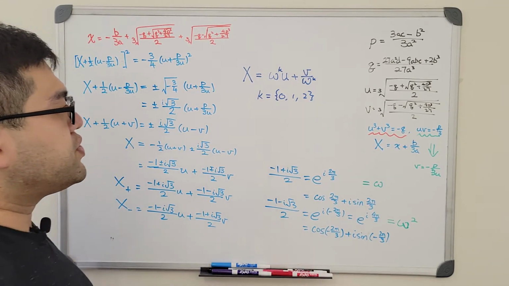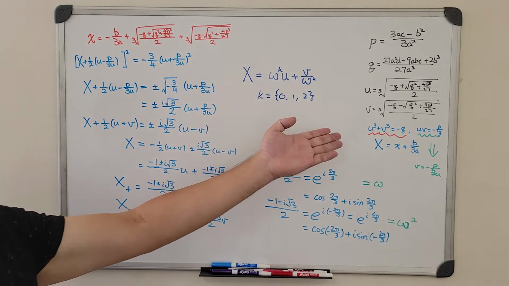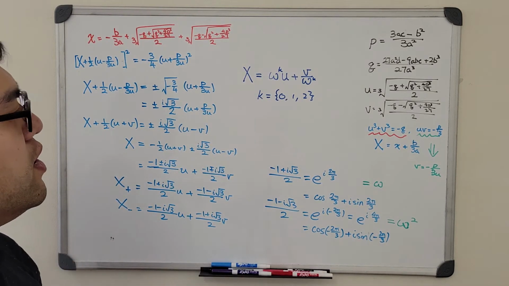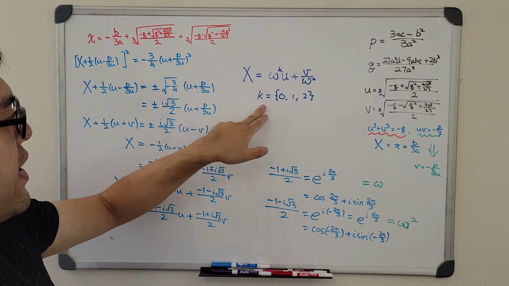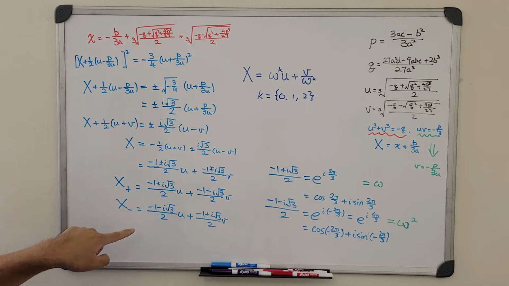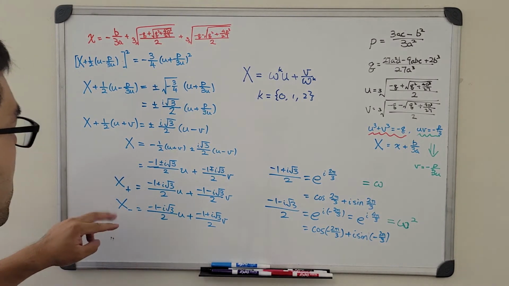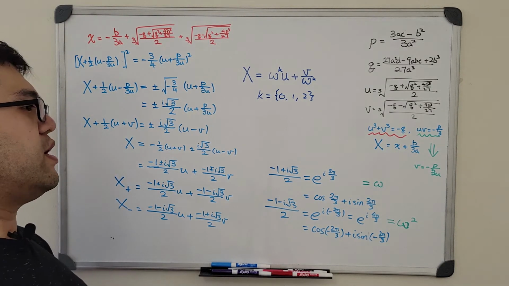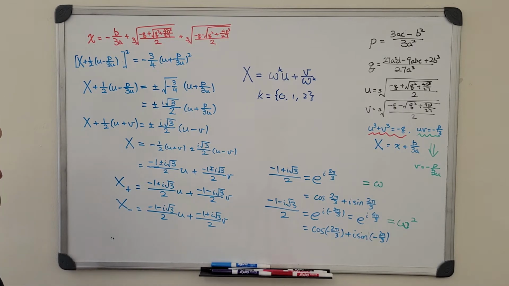If k is equal to 0, we just get the first solution, that x is equal to u plus v. And when k is equal to 1, we will get our first solution. When k is equal to 2, we get the second solution that we have, the minus solution. So that will complete our derivation.